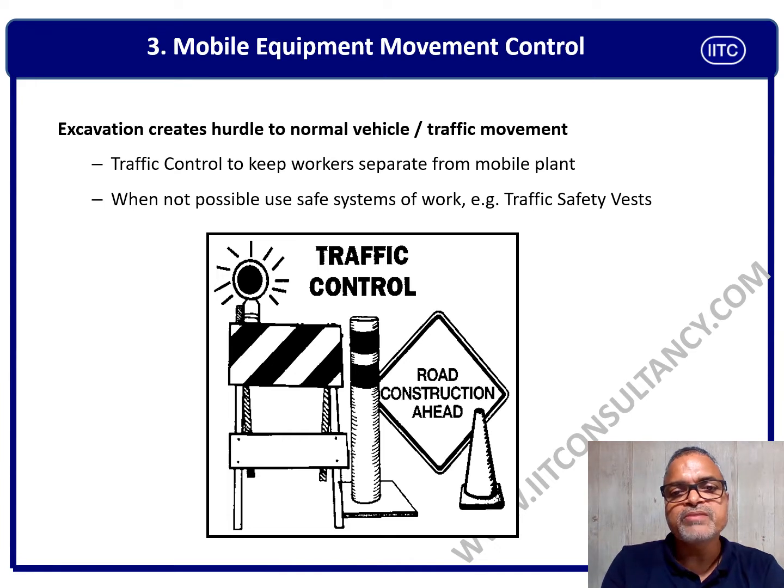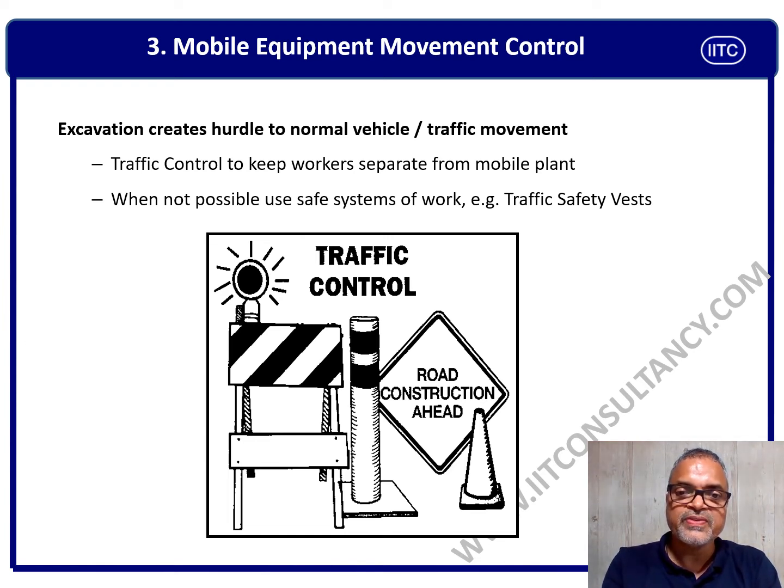And the vehicular movement can also create a problem for construction workers. So it is very important that we have traffic control to keep workers separate from the moving vehicle. And where it is not possible to use a safe system of work, traffic safety vests must be used to identify that these are the people who are working in the construction.